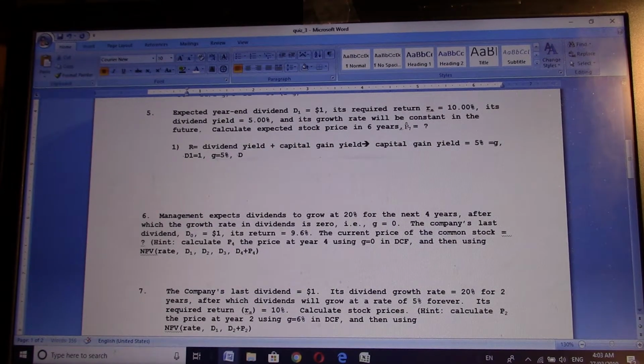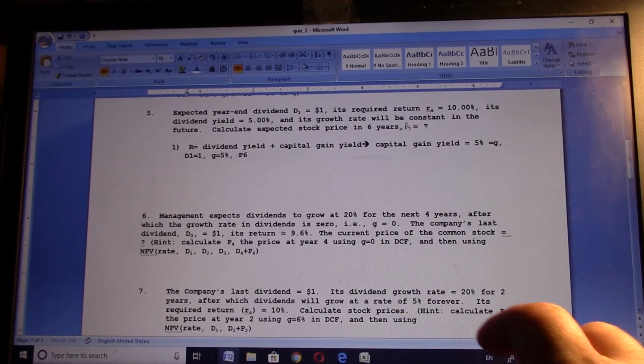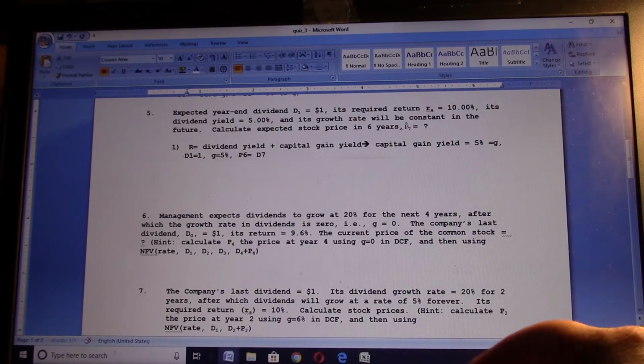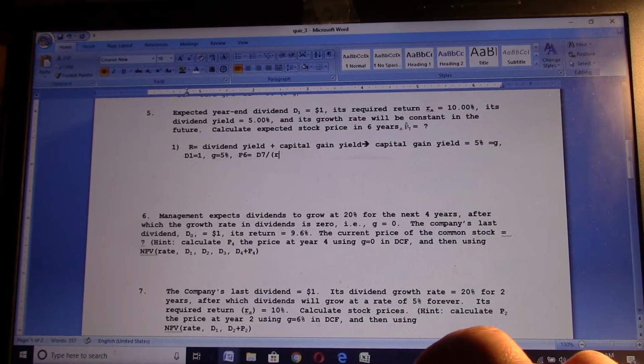To get the P6, we should use D7 over R minus G. This is the equation. To get the stock price in year 6, we need to use the dividend in the next year over R minus G. So how much is D7?